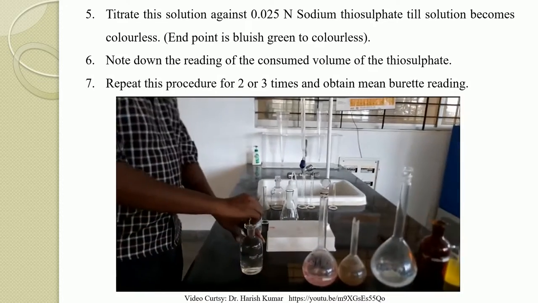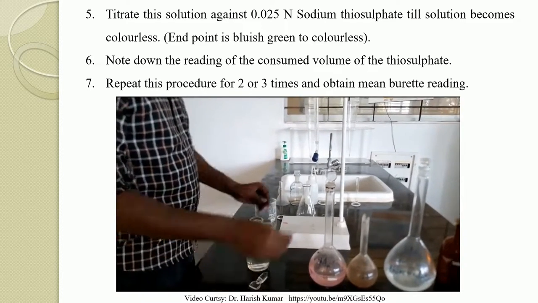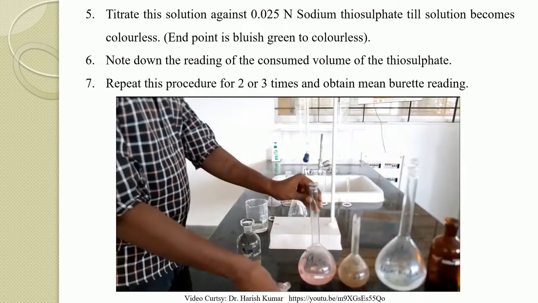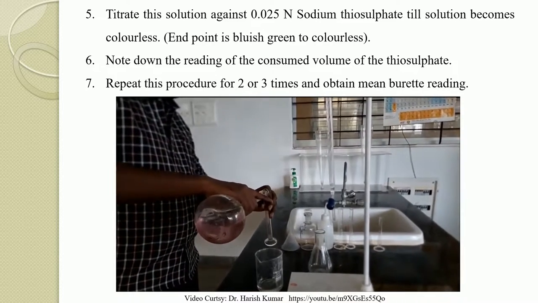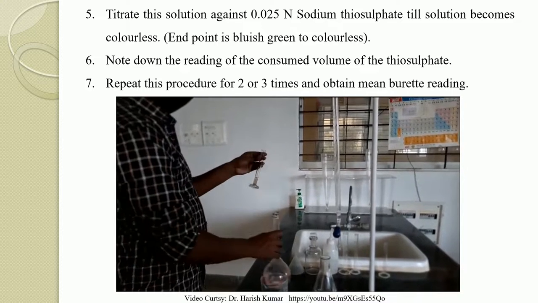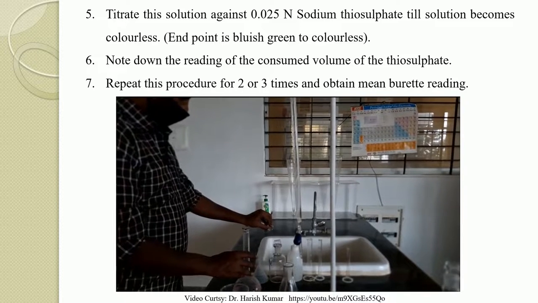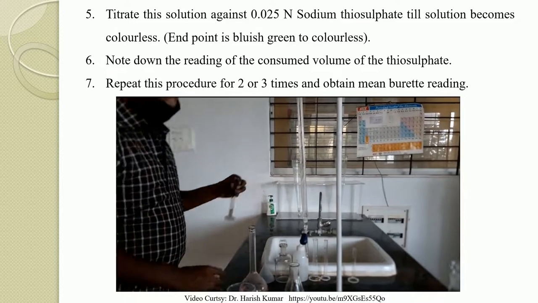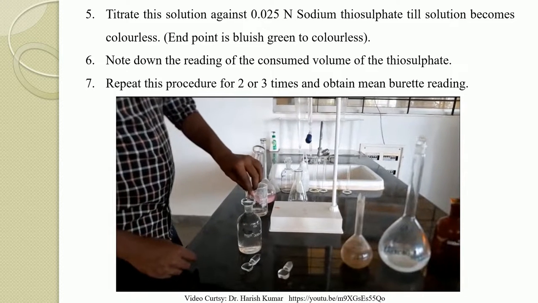Now the reagents, that is manganese sulfate and alkali azide, of 2 ml each will be added. 2 ml of manganese sulfate is measured and added to the sewage sample.